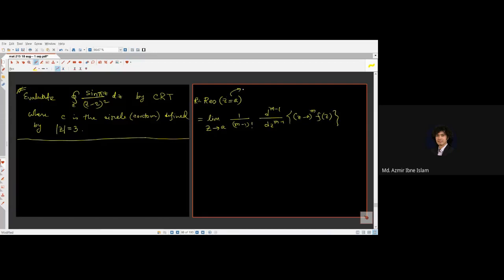If this pole is of order m, then we can find the residue this way.